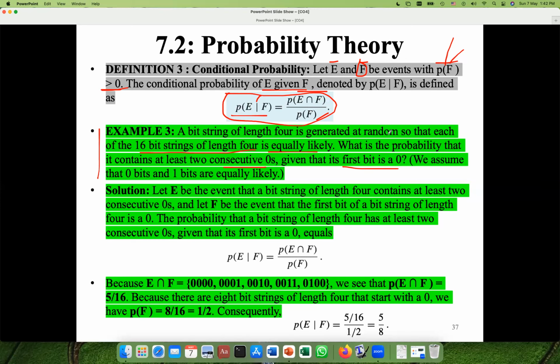Then you can understand that given the first bit is 0, only the first 8 are starting with 0. For example, 0 is 0000, and 1 is 0001, and you can move on. When it becomes 8, the first bit is 1.